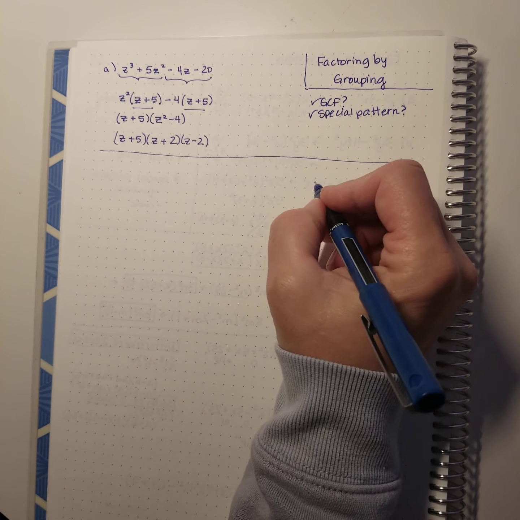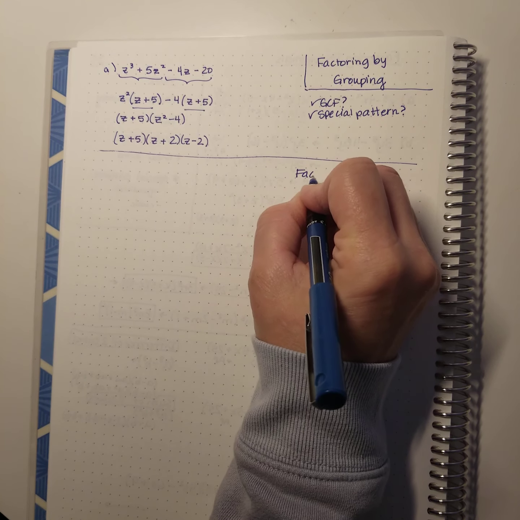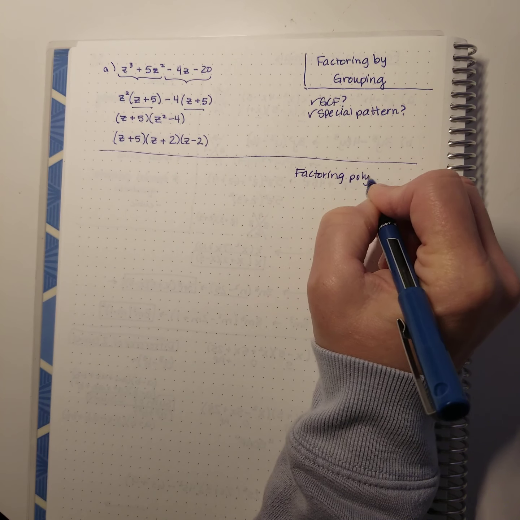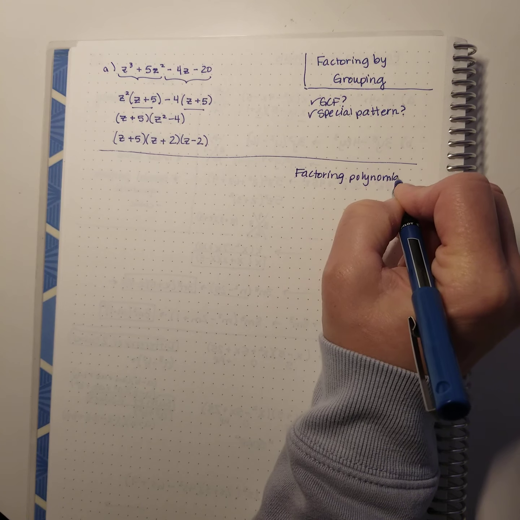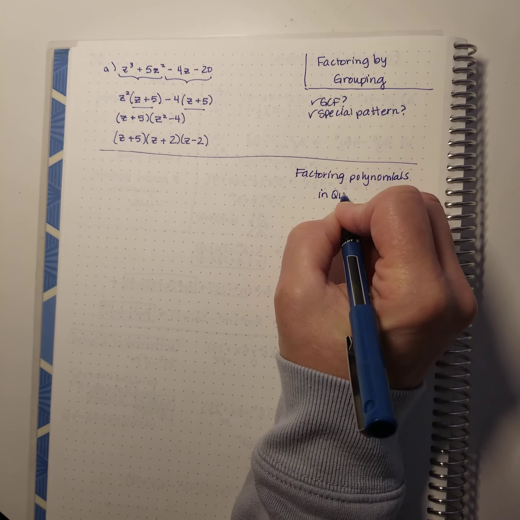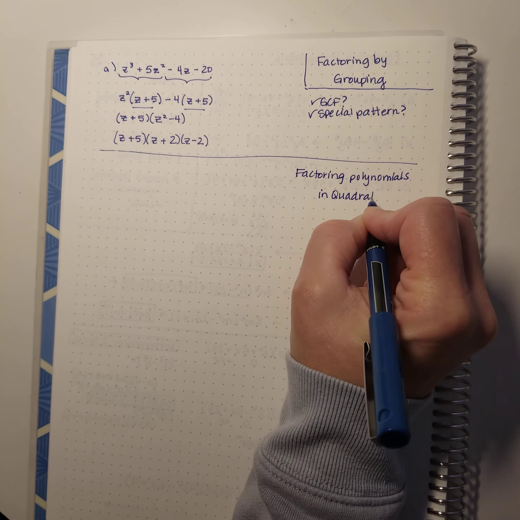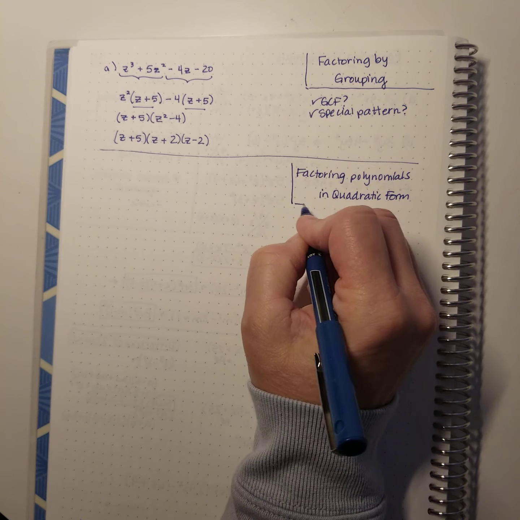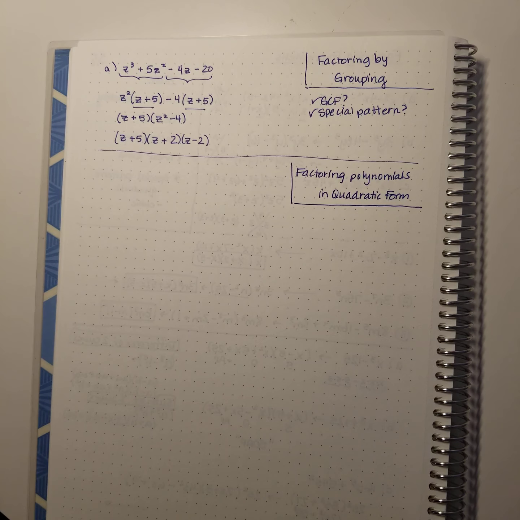This is going to be factoring polynomials in quadratic form. And so what that means is we might have a higher degree polynomial than a squared.